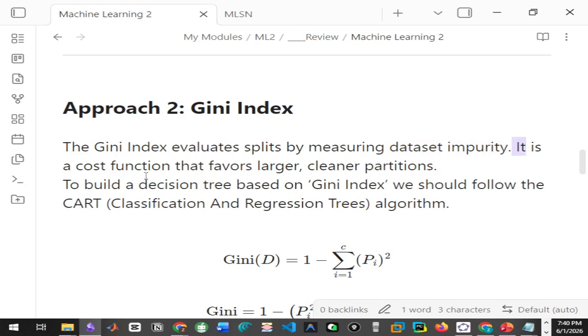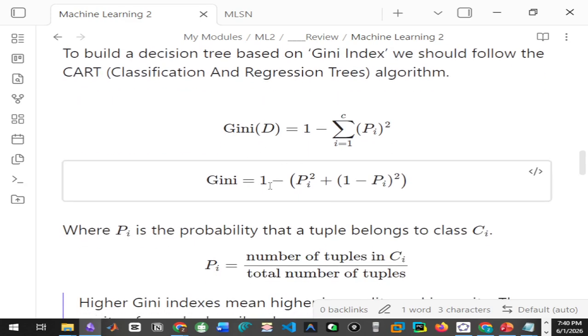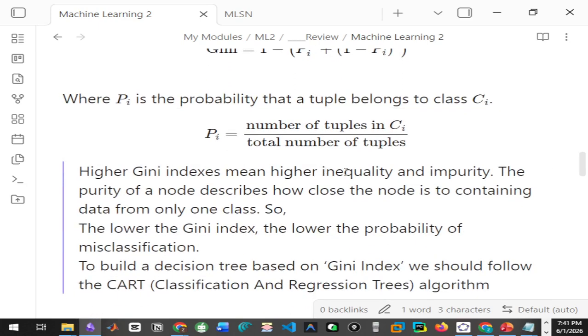It is a cost function that favors larger, cleaner partitions. The child decision tree based on Gini index should follow the CART classification algorithm. Well, this is the formula for Gini index. As you can see here, higher Gini index means higher impurity.